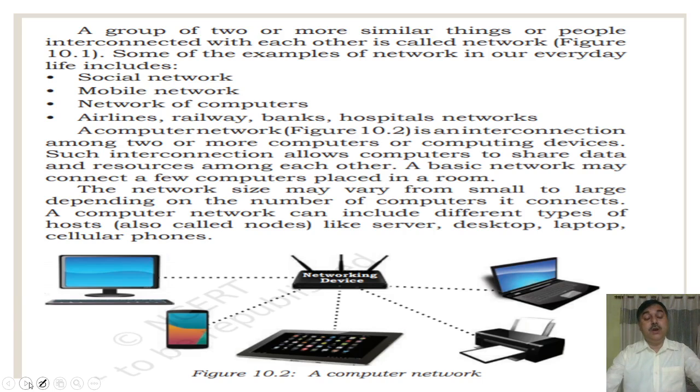Today, the social networking system is very common to us. A group of two or more similar things or people interconnected with each other is called a network, isn't it? In this figure, you can see how the connection has been built up.